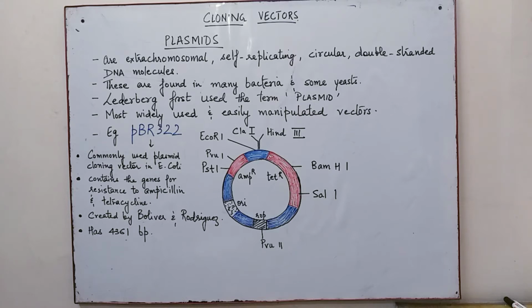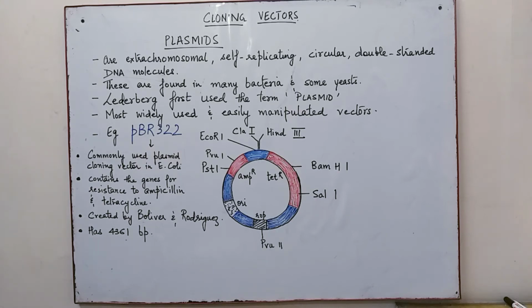Then they are circular, double-stranded DNA molecules. These are found in many bacteria and some yeasts. The term plasmid was first given by Lederberg, and plasmids are the most widely used and easily manipulated vectors.